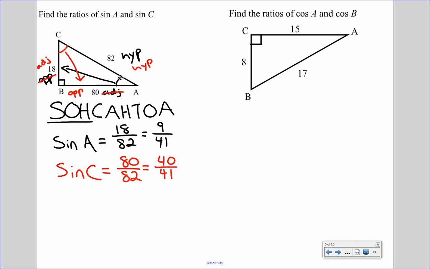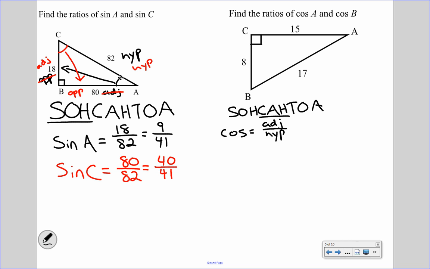This next problem asks us to find the cosine of A and the cosine of B. So once again, we start with Sohcahtoa. This asks for cosine, so we're going to use the CAH part of our Sohcahtoa. So cosine is equal to our adjacent side over our hypotenuse.